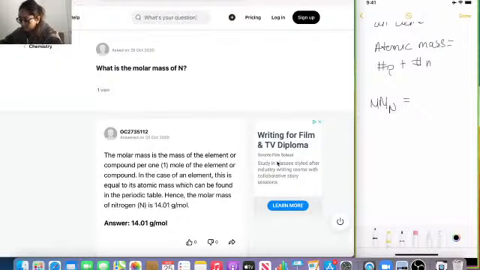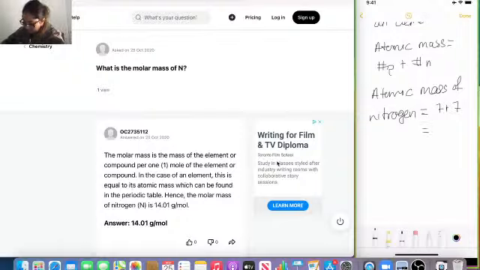So the atomic mass of nitrogen: it has 7 protons and 7 neutrons, so it has an atomic mass of 14 AMU.